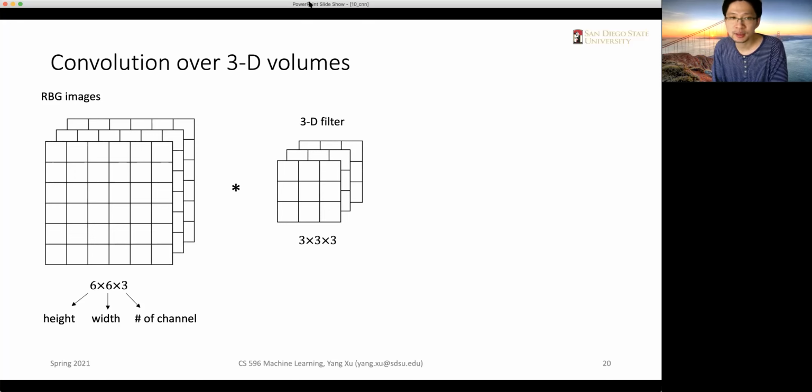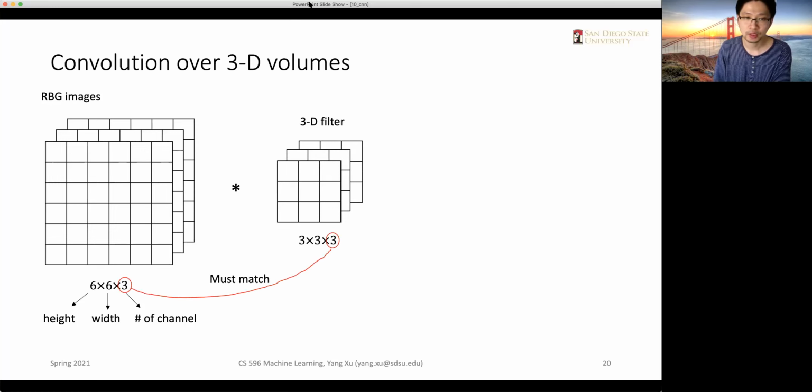Okay, so with this 3D volume as inputs, accordingly, we need to have a 3D filter. In this case, the input is 6 by 6 by 3, and the filter is 3 by 3 by 3.